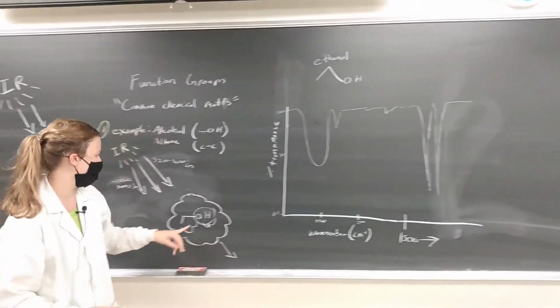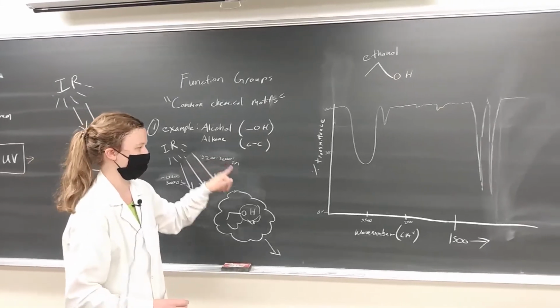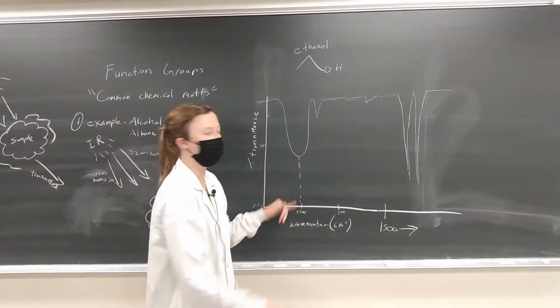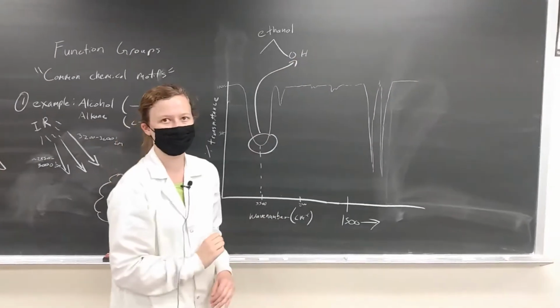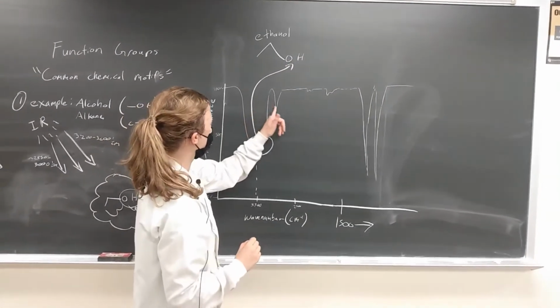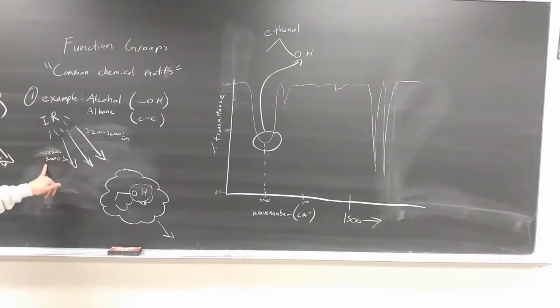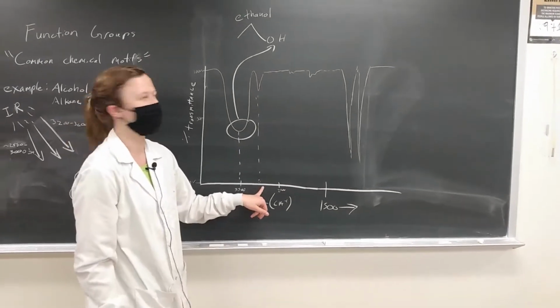So if we go back to our example, we see that the alcohol group absorbs light in the 3200 to 3600 range. So here, we have this peak at about 3500. And that makes sense, because that lines up with our alcohol group right here. We keep going along, and we see here, we have another peak. This peak between 2850 and about 3000, if we go all the way down, boom, there it is, about 3000.